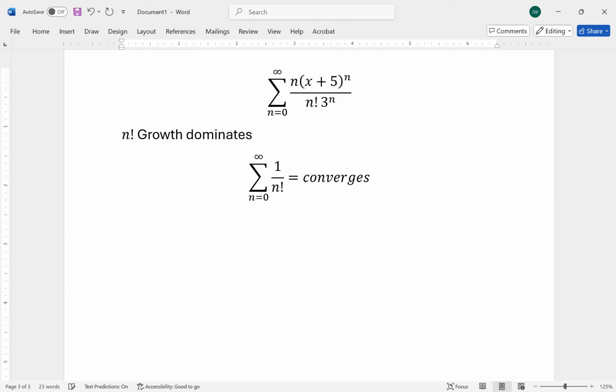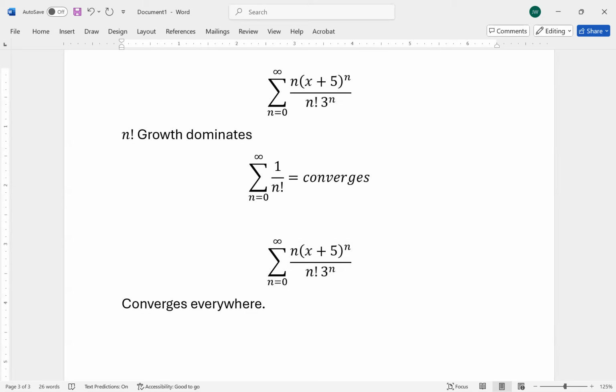And therefore, this infinite series will converge no matter what x value you plug in. So this infinite series converges everywhere.